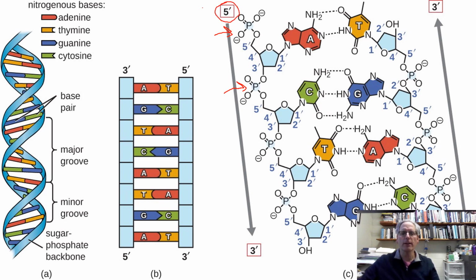So front and 5' both begin with F. The 3' tail of the molecule is the back end. And then this one goes from front to back. That goes from back to front. That's your anti-parallel arrangement.